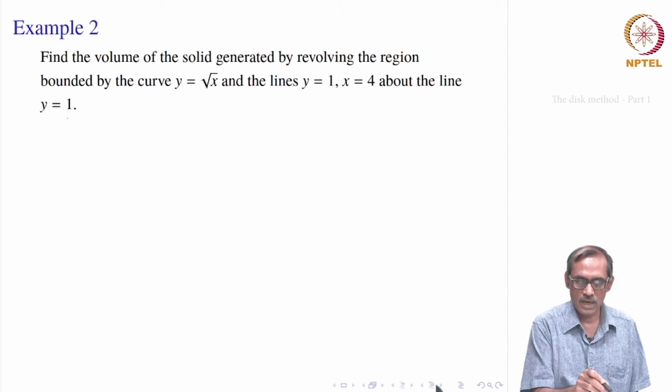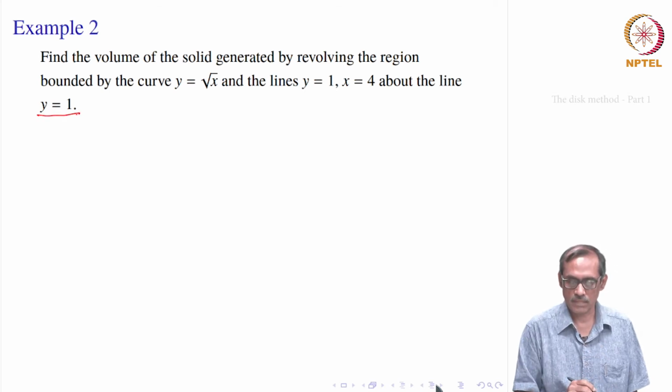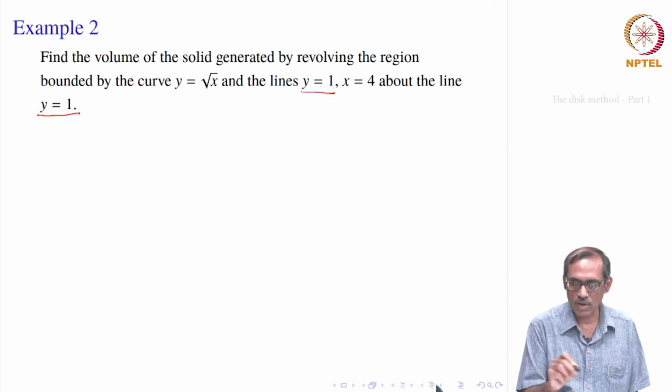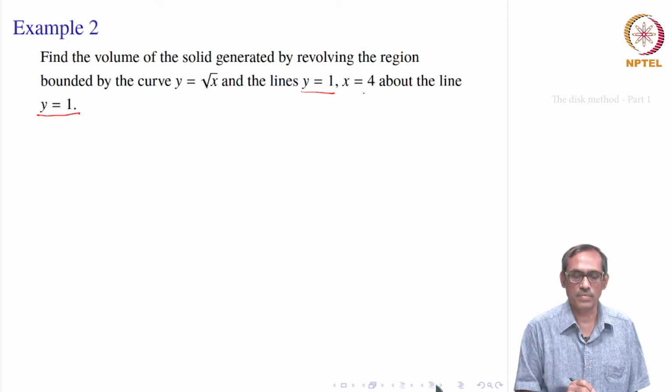So, we are not revolving it around the x axis, we are revolving it around the line y equal to 1. And the region is bounded by this curve, the line y equal to 1 and x equal to 4.